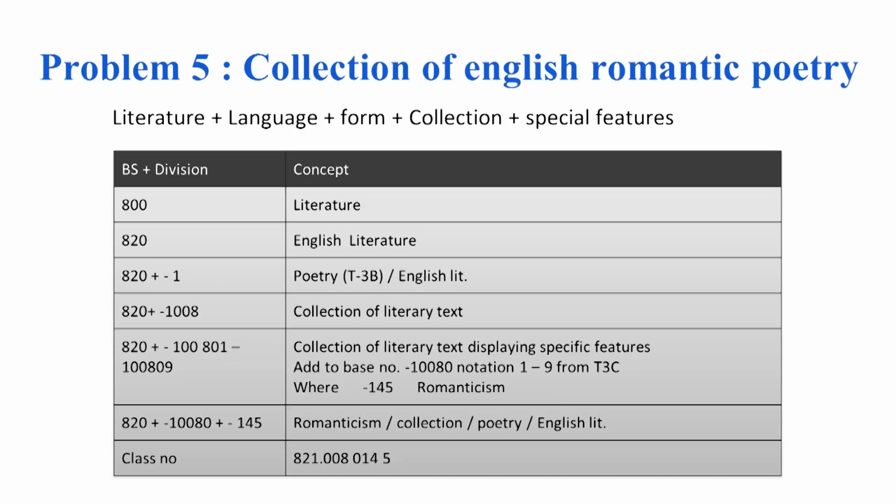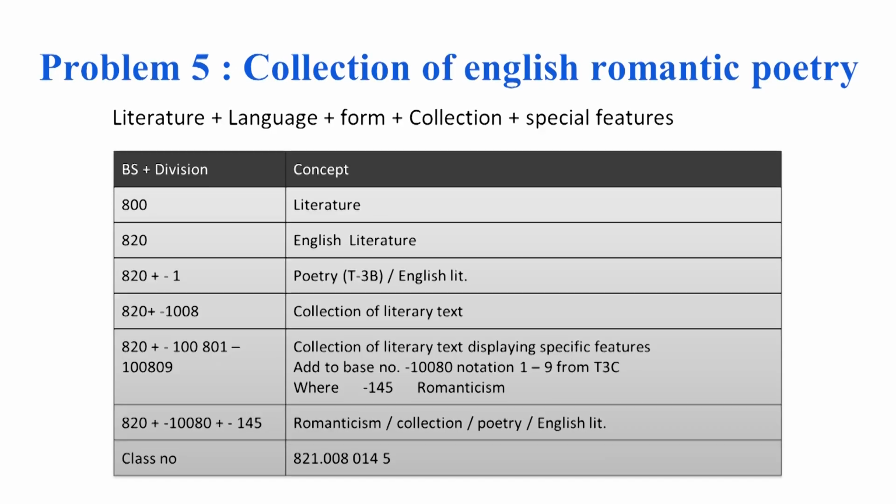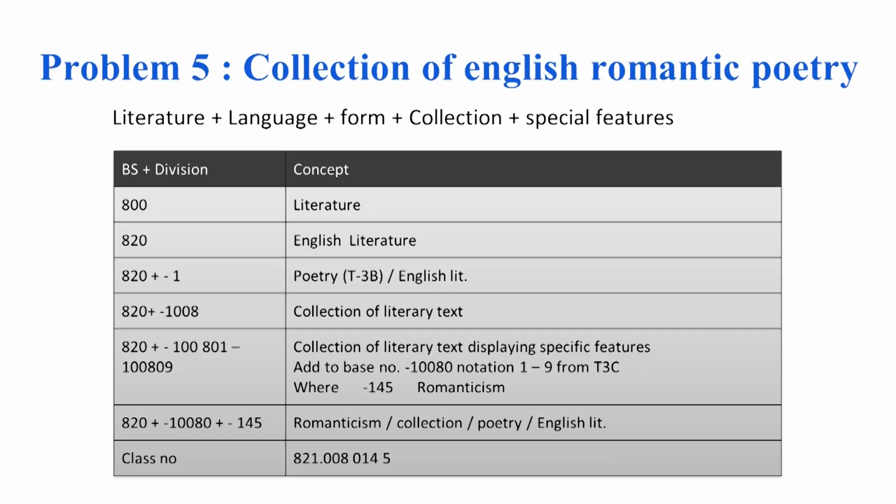If we open the table 3C, we will find -145 means romanticism. Collection of English romantic poetry is a poetry displaying specific feature. Here 820 is English literature, with this dash 1 to be added as poetry.